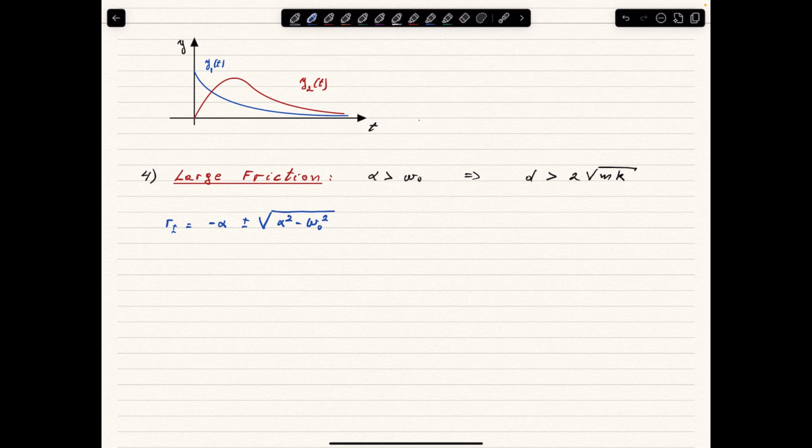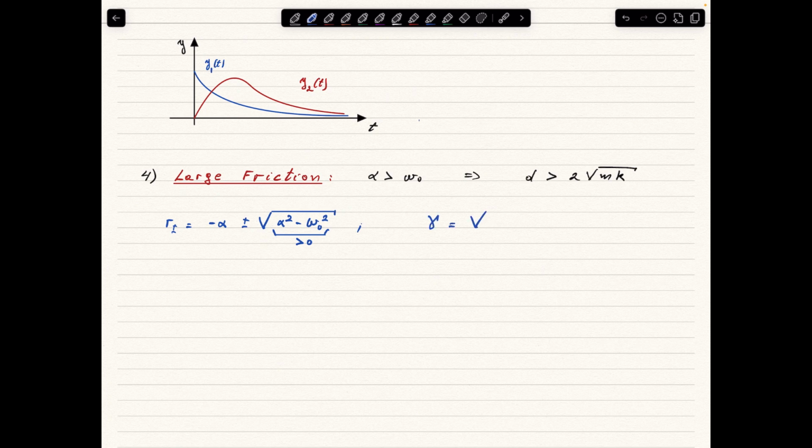All that square root. This condition now says that whatever we have inside the square root is actually positive. So we don't need to move things around. The square root is positive, and then we have the two values, plus or minus. This is a funny number, so we are going to call it gamma.